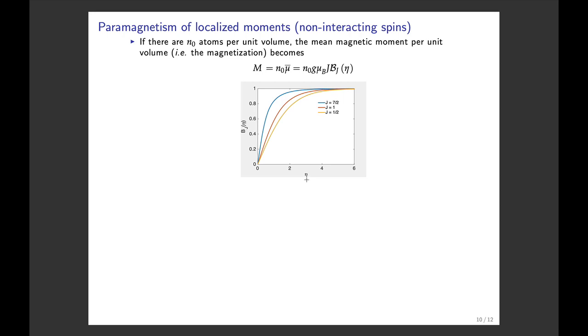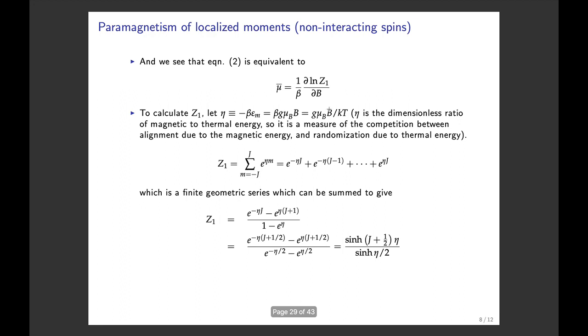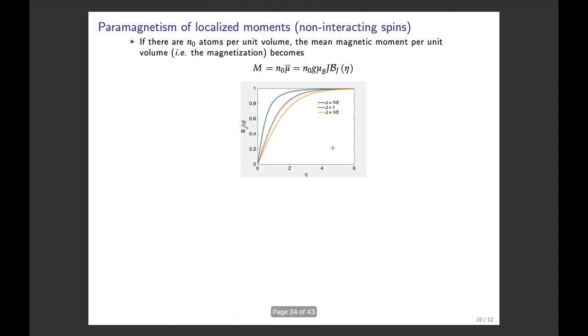So remember, this eta is the ratio of magnetic to thermal energy. And so, of course, what you see is if the magnetic energy wins, the Brillouin function is very large, is 1, and the magnetization is saturated.